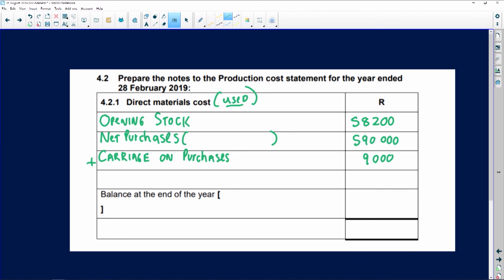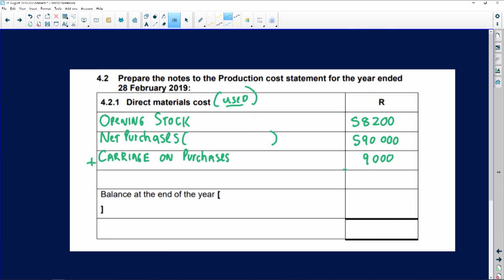Now remember, if you had to import raw materials, you had to buy this from a foreign country or overseas, you would then have to pay import duties. So in the event of you coming across import duties, please remember to add this to your direct material cost. Okay.